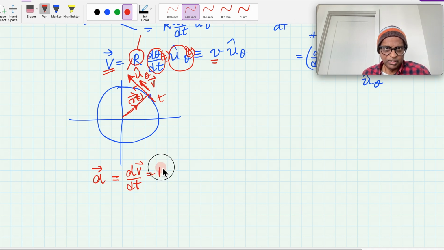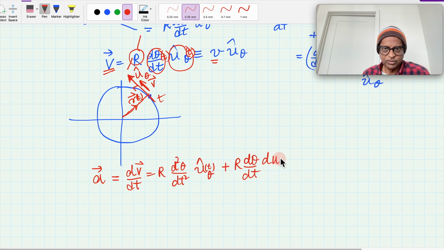So this just will be r d squared theta dt squared u hat theta of t plus d theta dt du hat dt. Now I need to find what that will be.